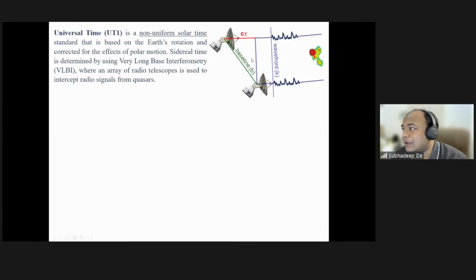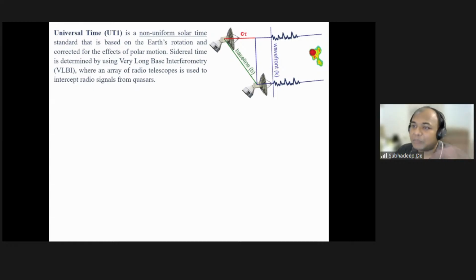That can tell you what this blue line is, and if the rotation of the Earth changes, then this Δt will change, because the signal will appear at a slightly different time on these two radio antennas. So for that, you have to have very good time synchronization between these two radio antennas. Then only can you measure these tiny changes.